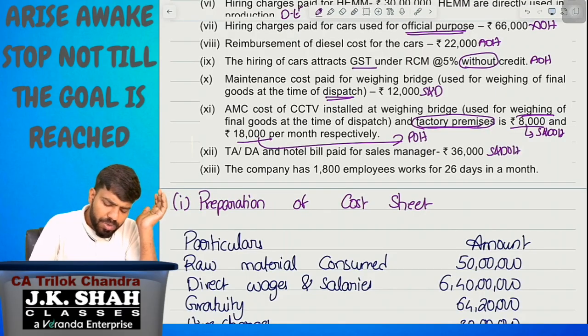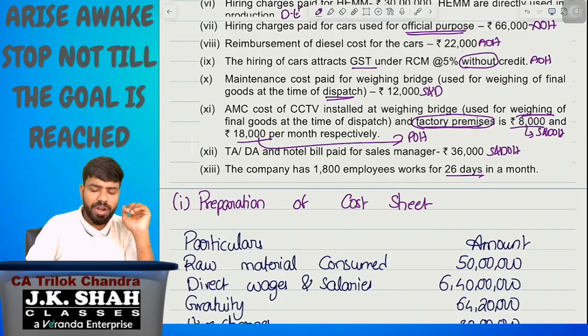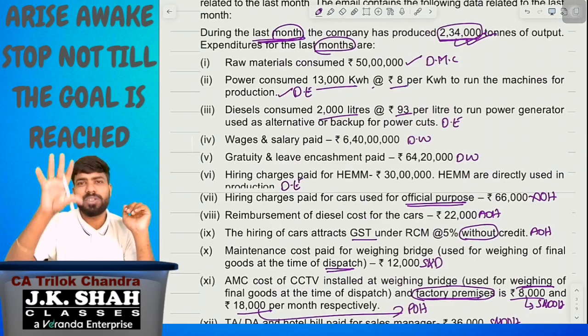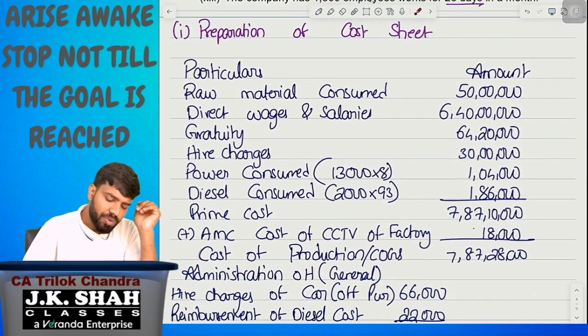The company has 1,800 employees, working 26 days in a month. So first, according to our classification, we need to prepare the cost sheet. Look here. First I'm taking raw material consumed, 50 lakh rupees. Raw material consumed 50 lakh rupees.